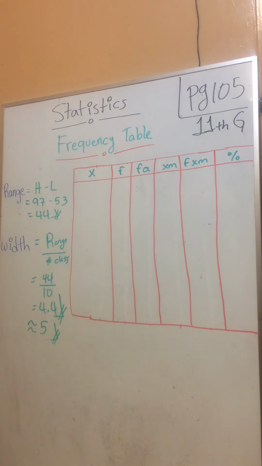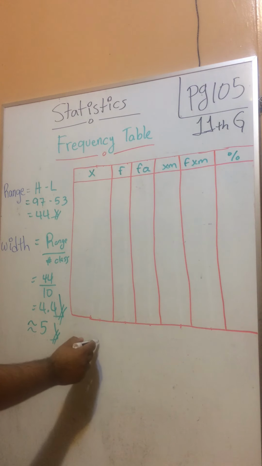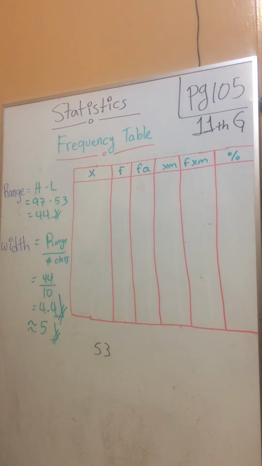So when we get our information and we know that the width is 5, what is the lowest number? The lowest number is 53. So let me put it here, just so that we know. Since we're going to do them by 5 numbers each, we need to start at a number lower than 53.